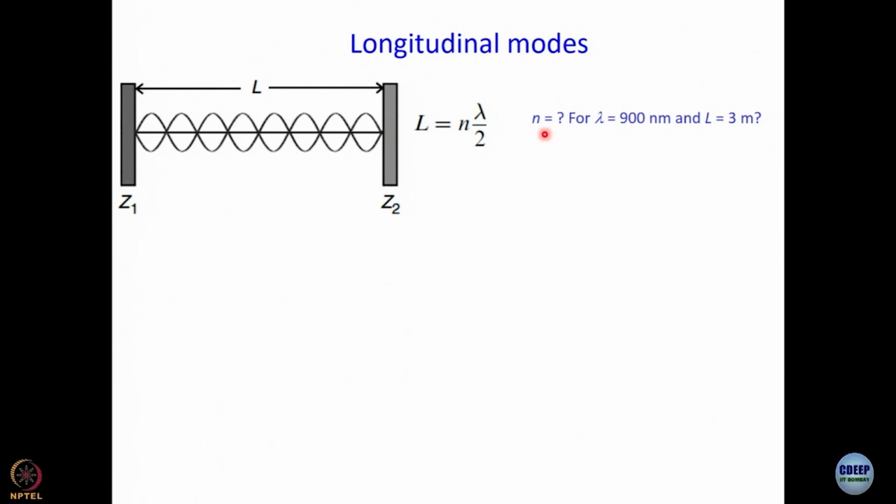Yes? 6.6 into 10 to the power 6, I have written 6.67 because it is 6.6666. So 6.7 into 10 to the power 6, that is the first thing to understand. We are not dealing with n equal to 1, we are not dealing with n equal to 2, we are not dealing with n equal to 3, we are dealing with n equal to a very, very, very large number.